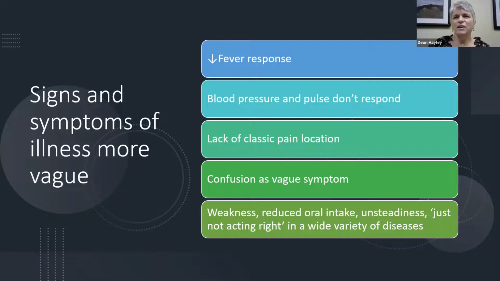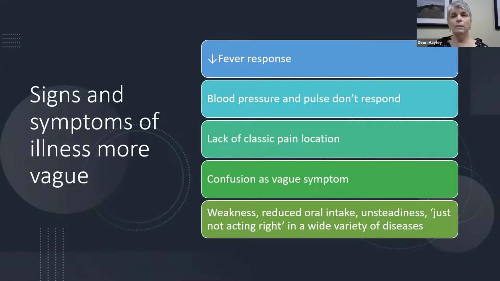Somebody older may be ill and it's hard to say. It's hard to say, "I don't feel right." It's hard to say exactly where you hurt or what exactly is wrong. Sometimes the family will say they're kind of confused. I think something's off, but I can't tell exactly what's going on. And these vague symptoms like being weak or just not drinking as much, being unsteady or not acting right.